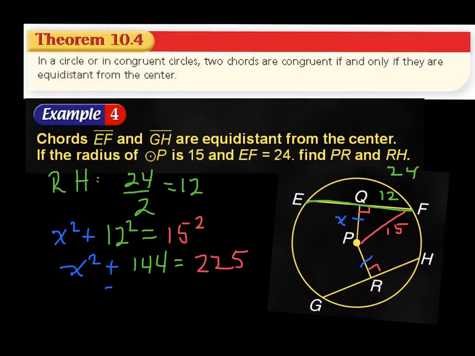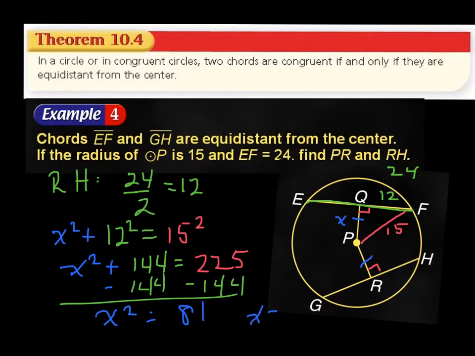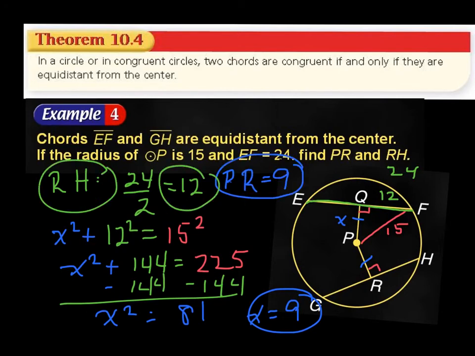Subtract 144 from both sides of the equation. We get x squared equals 81. So x equals, usually we'd say plus or minus 9, but we're looking for length, so we're just going to call it 9. And x is what I was using to represent PR. So we have PR is 9 and RH was 12.